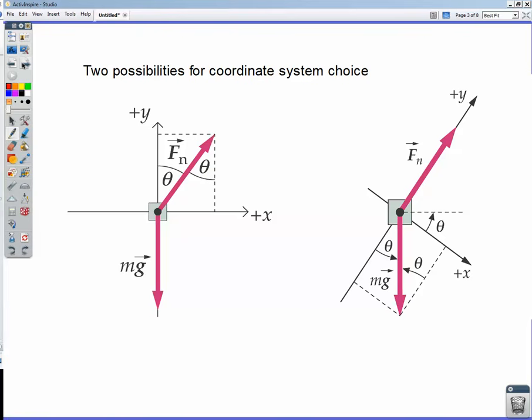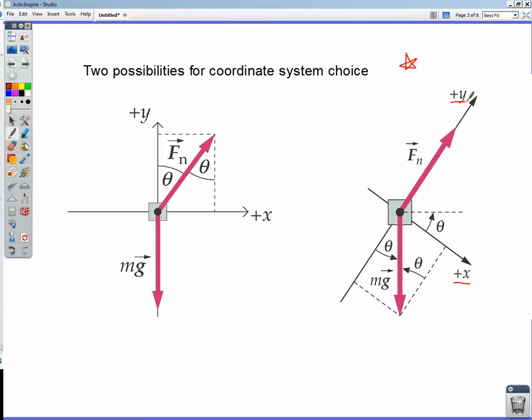So we actually have two possibilities to choose for our coordinate system. Now classically, when we've been dealing with the inclined plane, we have gone with this coordinate system right here, where the positive x is parallel to the ramp, positive y is perpendicular to the ramp. And we can definitely do these problems that way.